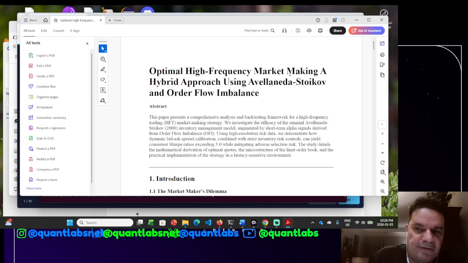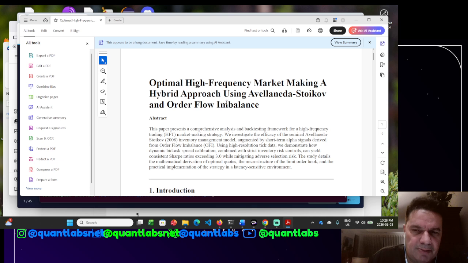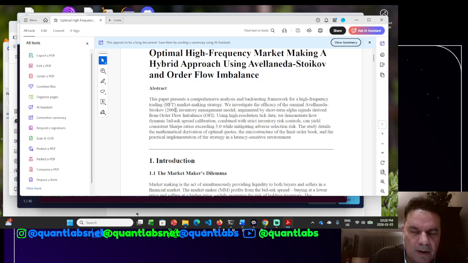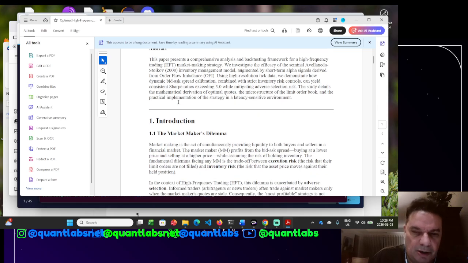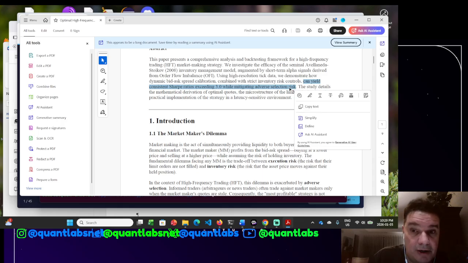This one is Optimal High Frequency Market Making: a hybrid approach using Avellaneda, Stoikov, and order flow imbalance. We've got our usual blurb. But here's the interesting part: with the AS model, with the current data that I've talked about, we could get a Sharpe ratio over 3, which is pretty strong.